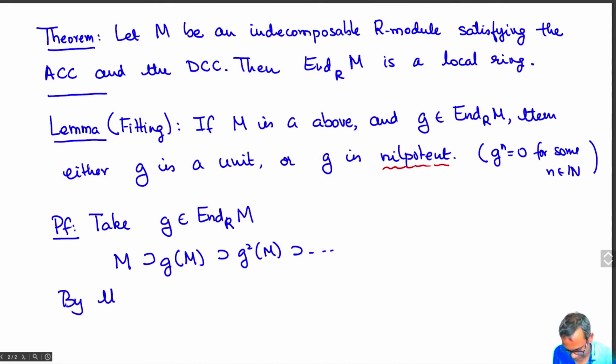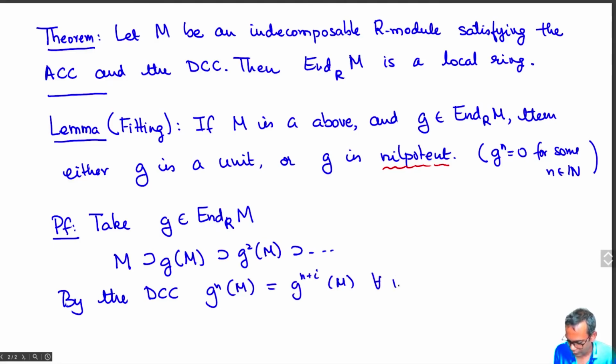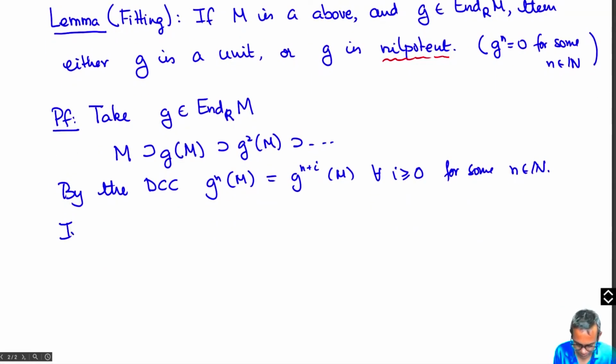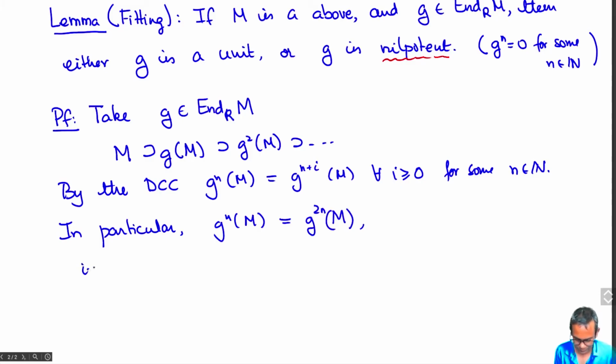So by the DCC, g^n M is equal to g^(n+i) M for all i greater than or equal to 0 for some natural number n in N. And what this means is that in particular g^n M is equal to g^(2n) M. Or in other words, g^n is an isomorphism from g^n M to g^(2n) M.